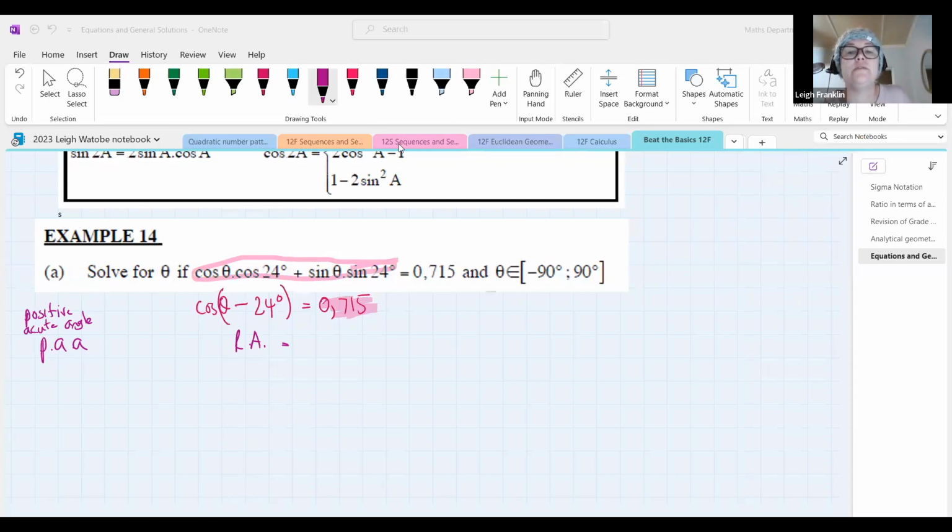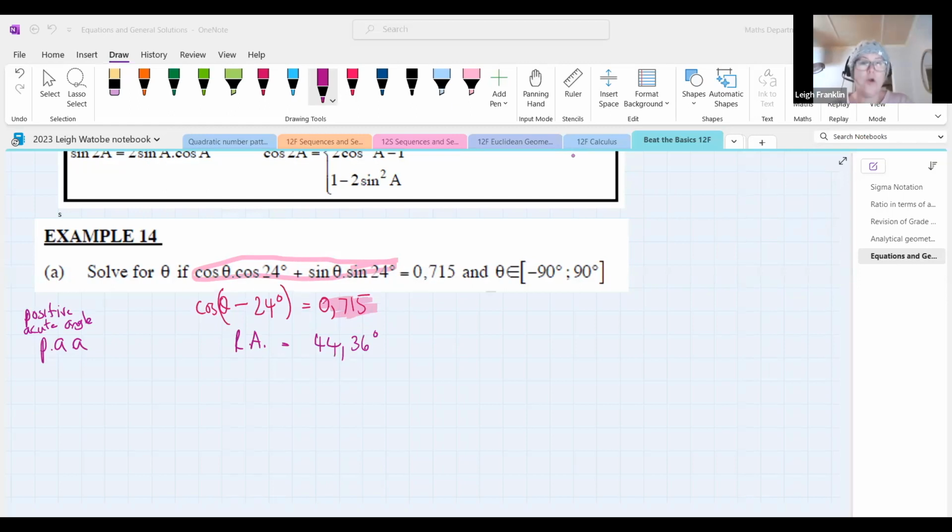Shift cos. Pop in your ratio. And what RA are you getting? That's it. There we go. I quite agree. So 44,36 degrees. There we go. There is our RA.